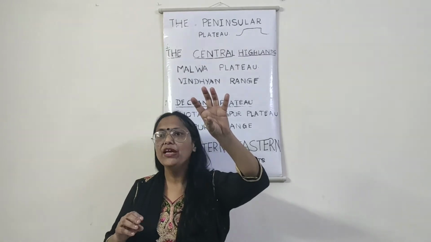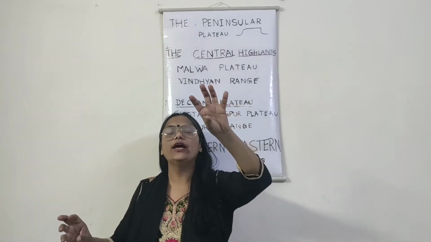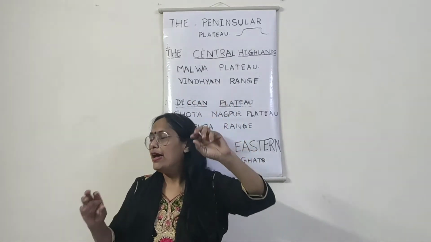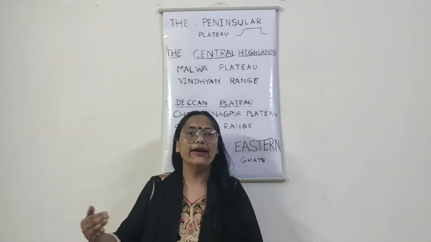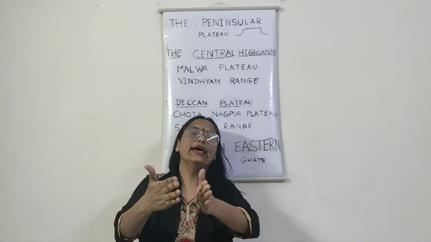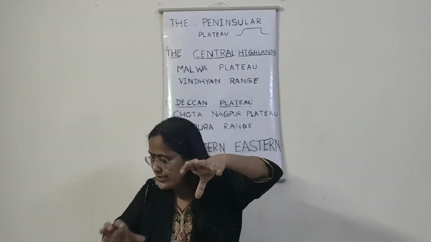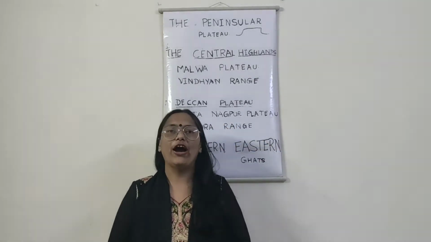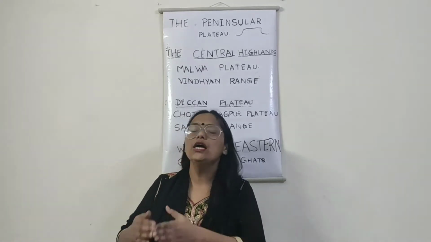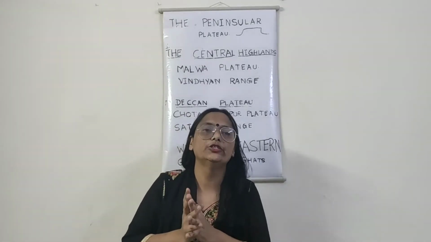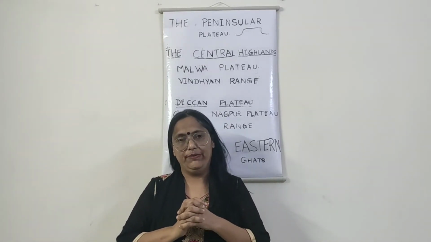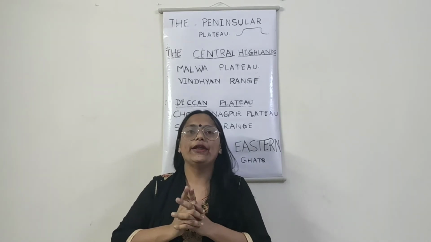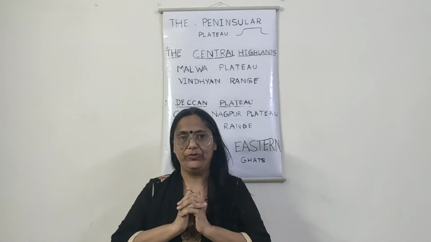Am I clear to you? Then on the south, we have the Central Highlands. This is the area of the northwest, and this is where it finally merges into the sandy and rocky desert of Rajasthan. I hope my explanation is quite clear to you.